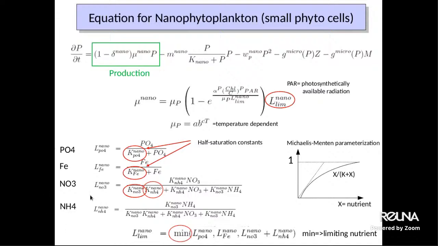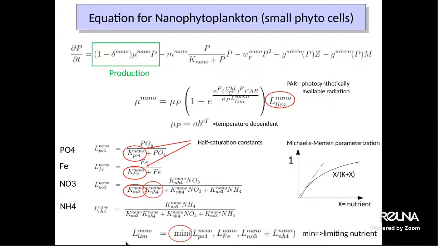And what happens is that you can easily imagine that what will matter for the phytoplankton cell is the nutrient that has the stronger limiting coefficient. It means that among these 4 nutrients, there is probably one where there is not enough. It is possible that there is enough for all of them, but imagine a situation where there is, for instance, not enough iron, so that this limiting coefficient for iron will be smaller than all the other ones.